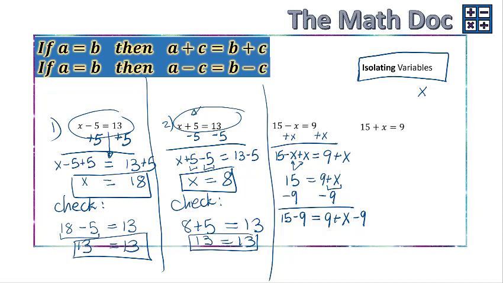On the left-hand side, we have 15 minus 9, which equals 6. And on the right-hand side, the two 9's cancel, right? We have plus 9 and minus 9, and we remain with x. And we can get the result that x equals 6.